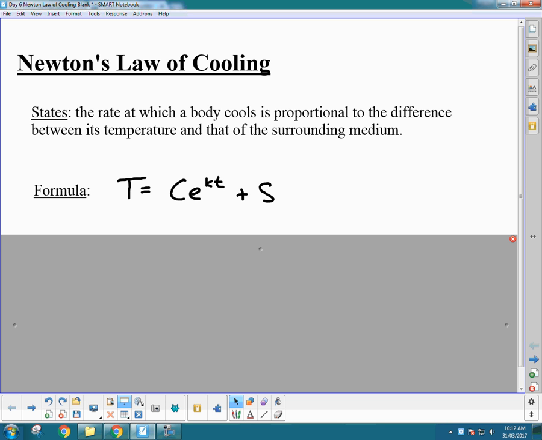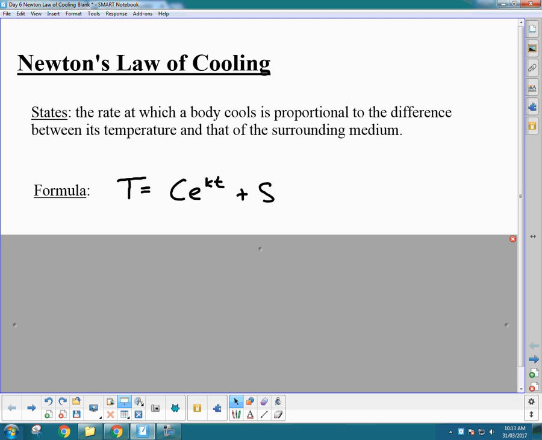So in this case, the formula to find T, the temperature of the actual item, will still be that C times e to the kt from yesterday, but here you have to also add the surrounding temperature. So when we describe the temperature of an object, there are actually two things that we're considering. Not just the temperature of the object itself, but the surrounding temperature.